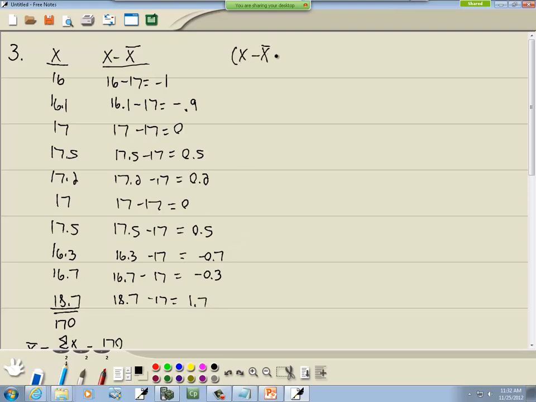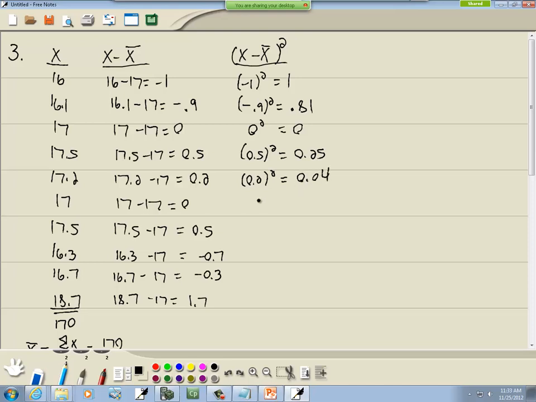Then we need another column, x minus x bar squared, so we're going to square each one of those numbers. Negative 1 squared is 1. Negative 0.9 squared is equal to 0.81, I believe. 0 squared is 0. 0.5 squared is 0.25. 0.2 squared is 0.04. 0 squared is 0. 0.5 squared is 0.25.